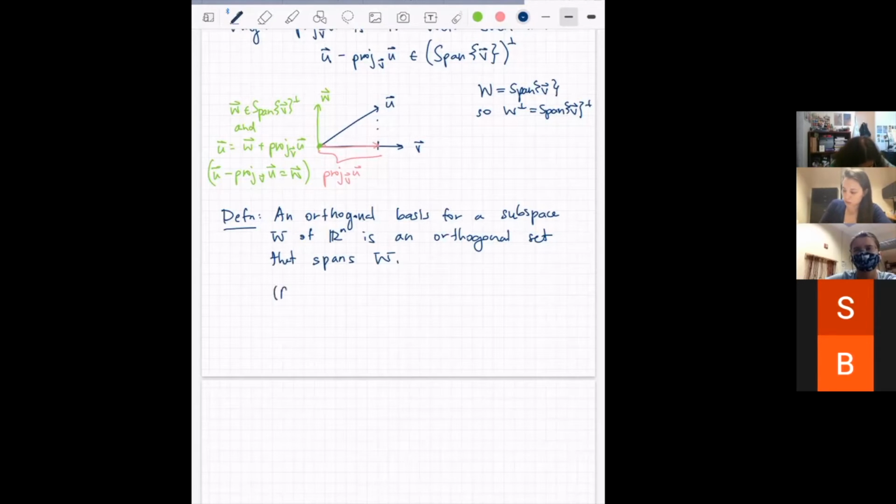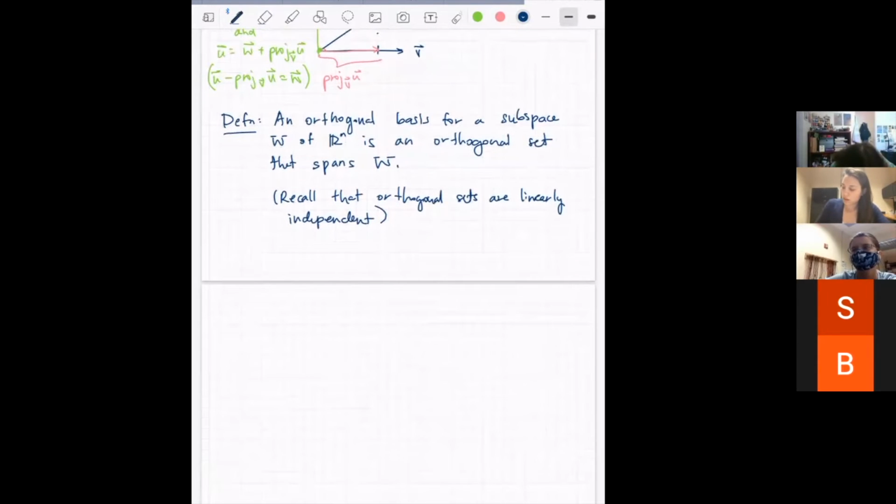So maybe I'll write this down. Orthogonal sets are linearly independent. So this is a basis.